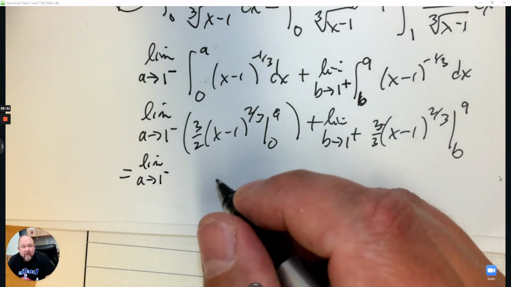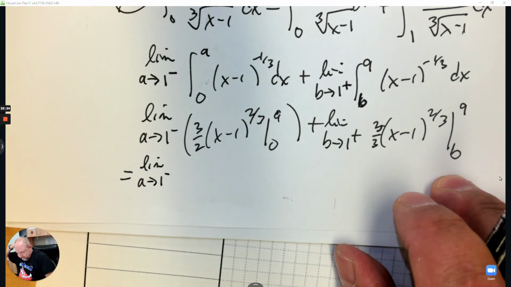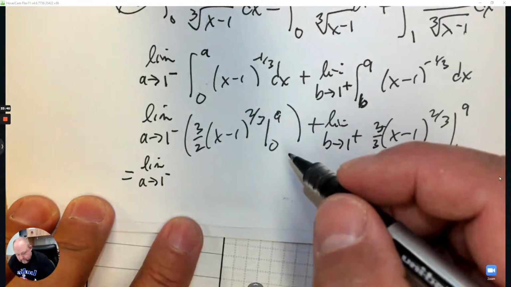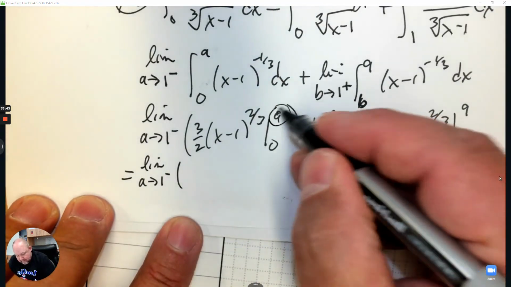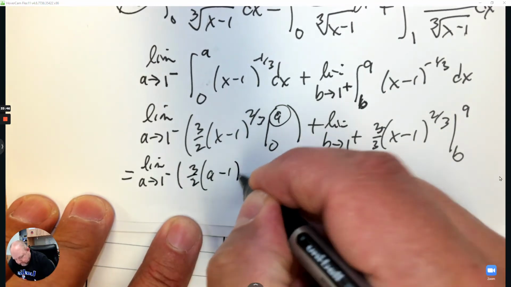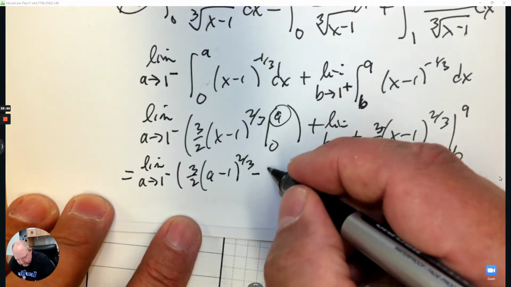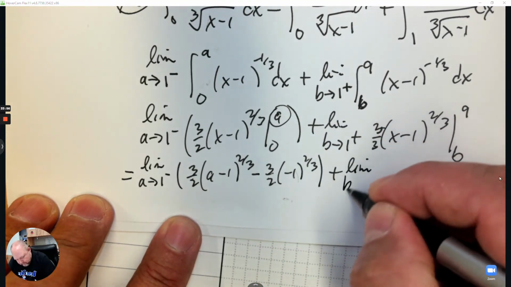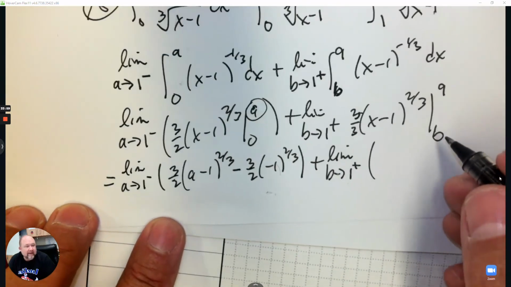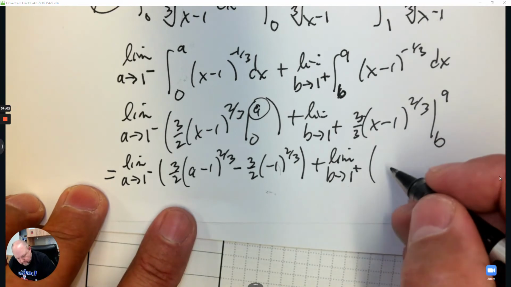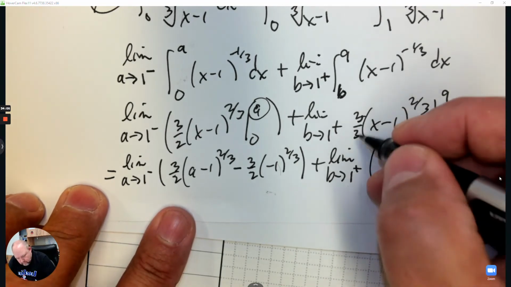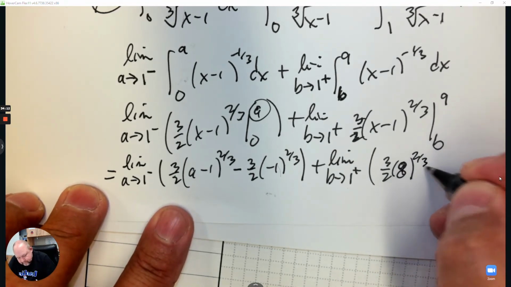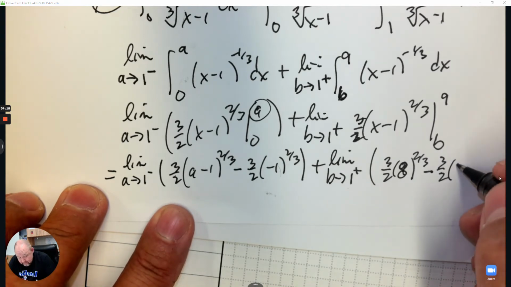So when I look at 1 from the left, I plug in a, subtract, plug in 0, plug in 9, take away 1 is 8, subtract, plug in 0, plug in b.